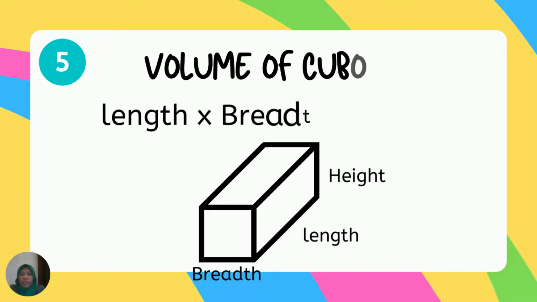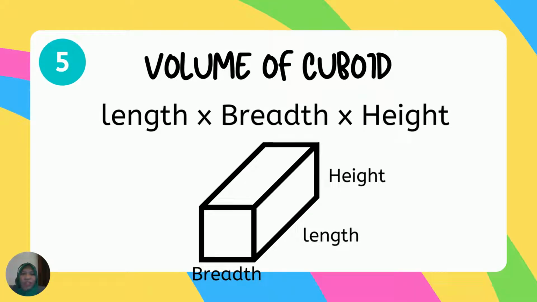Now we're going to study about the cuboid. How to find the volume of the cuboid? You can find it by multiplying the length by the breadth and by the height.